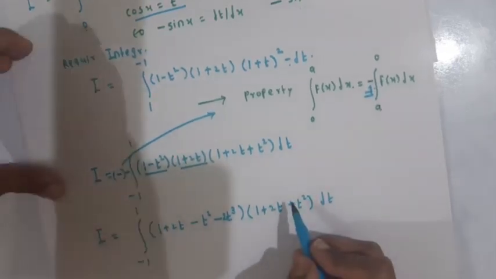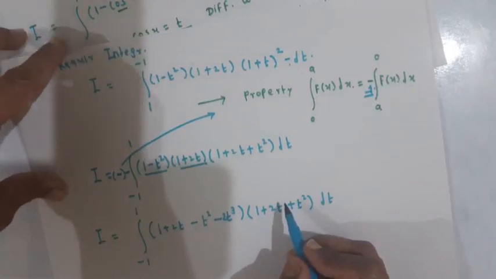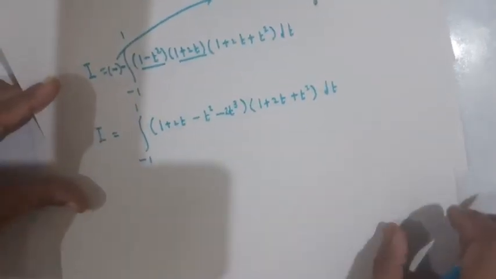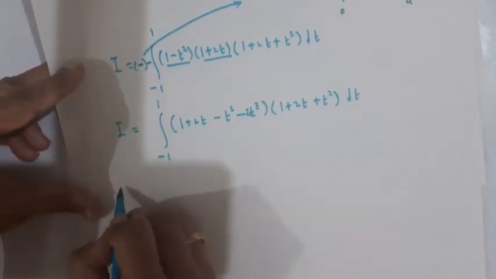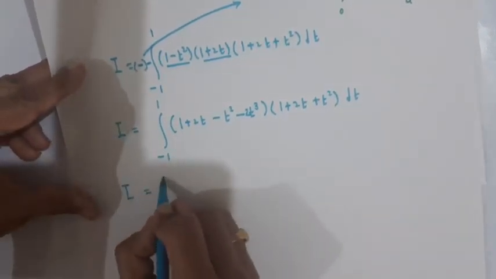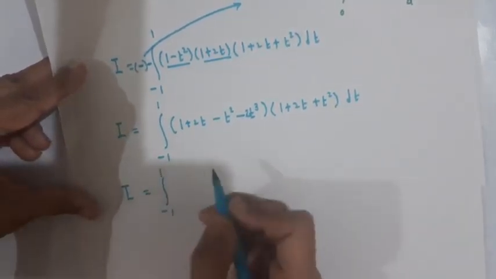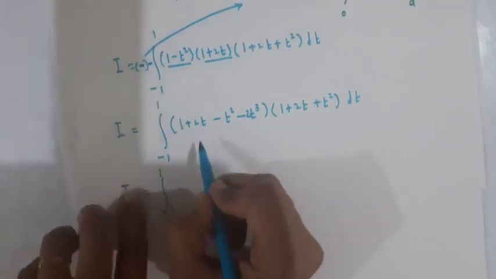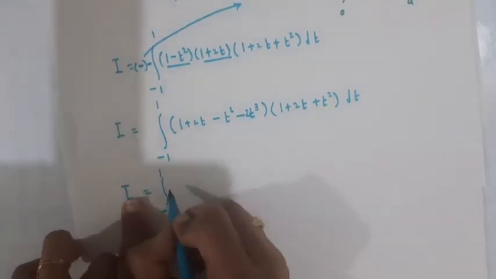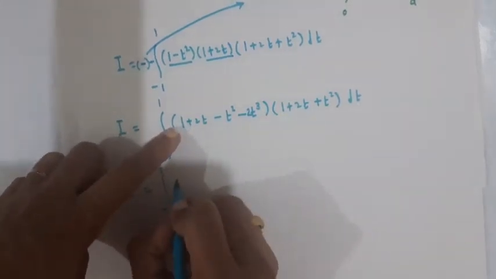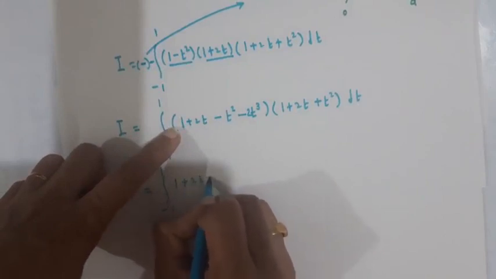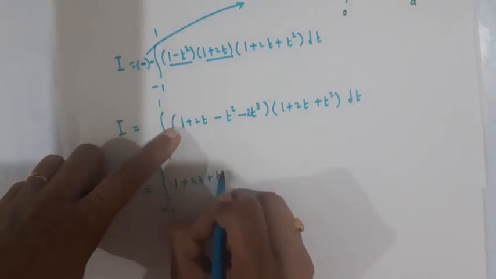Again solve the remaining two brackets. Integration I equal to minus 1 to 1. This is 1 into 1, so after multiplying with 1, the second bracket will be as it is, 1 plus 2t plus t square.